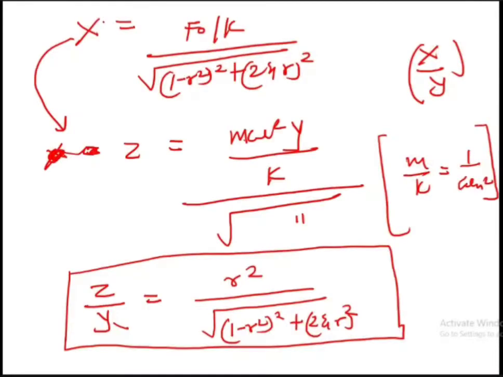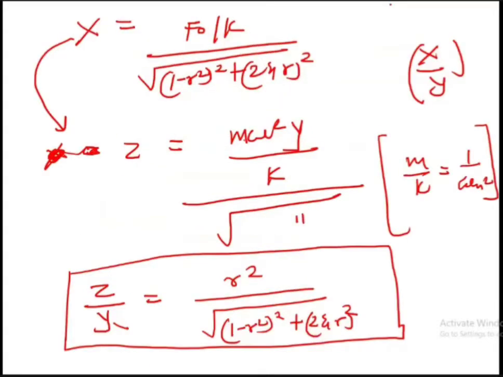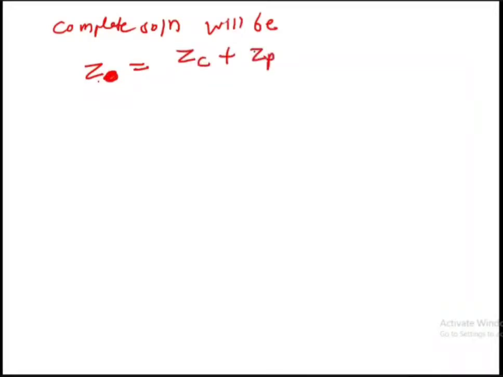Finally, the phase angle. In this equation there is only omega t. Since there is only omega t, what is the complete solution now? The complete solution will be Z equals ZC plus ZP. I am just replacing x by z.